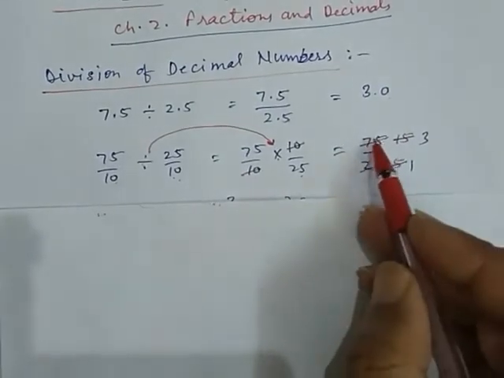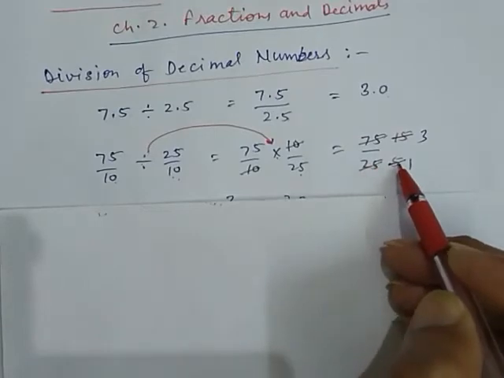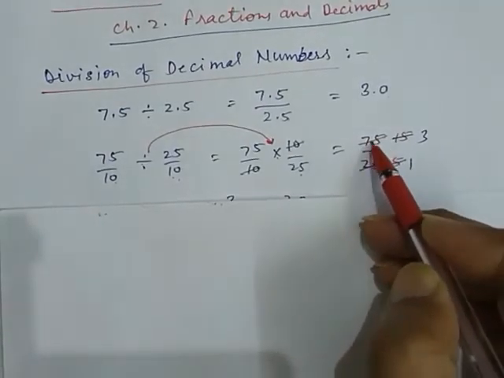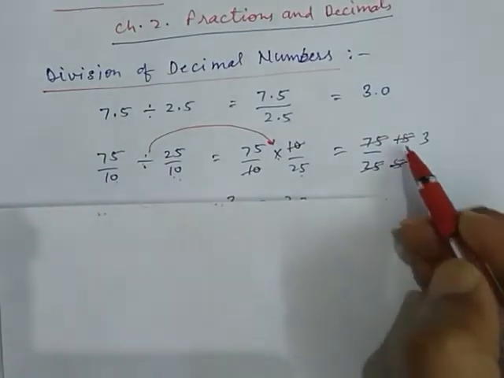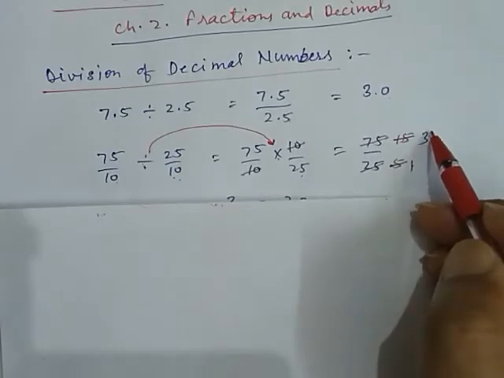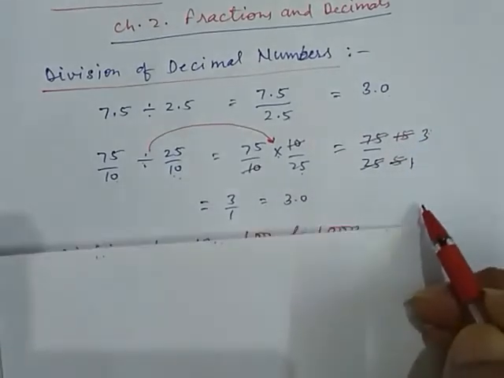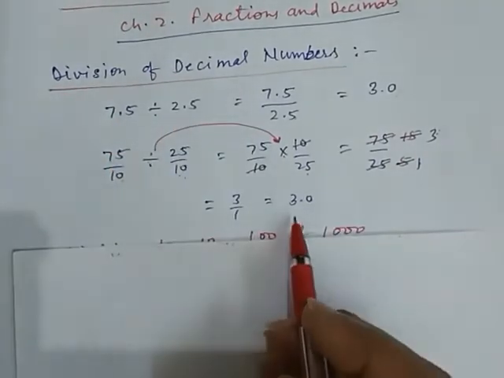Now we divide this 25 by 5, 5 times, this 75 by 5, 15 times. Now this 5 divided by 5, 1 time, this 15 divided by 5, 3 times, so it reduces to 3 by 1, that is 3.0, okay. So we directly write this.